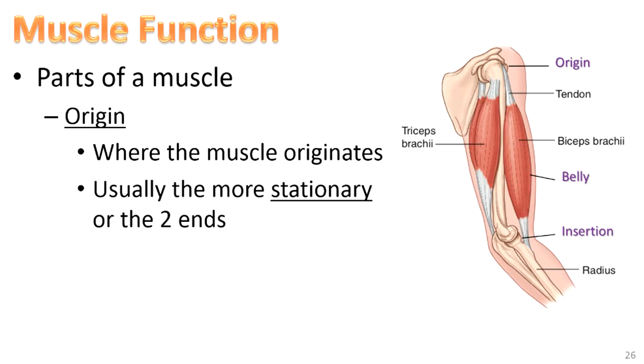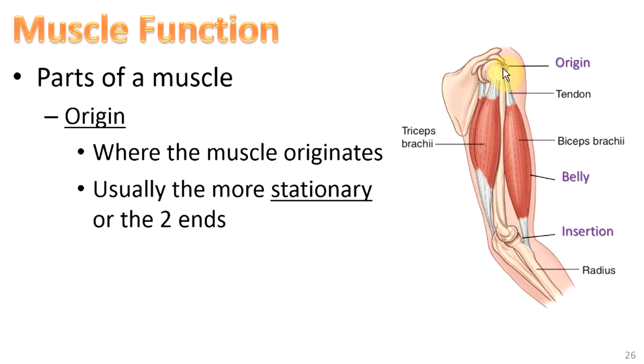It's usually the more stationary of the two ends. If we're looking at the biceps brachii here, which we usually just call the biceps, you can see that the origin is up here toward the shoulder. Just so happens that this has two origins, but we'll not get hung up on that at this particular moment. But the origin would be up here toward the shoulder.